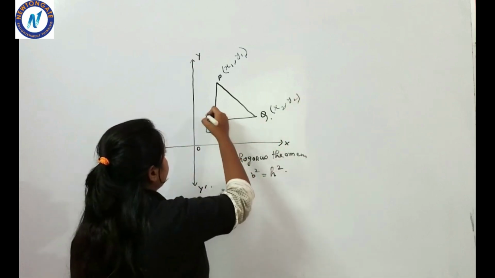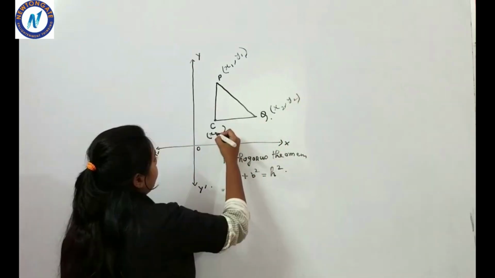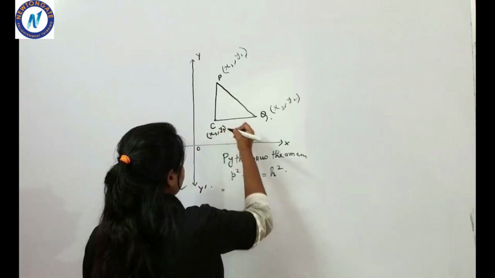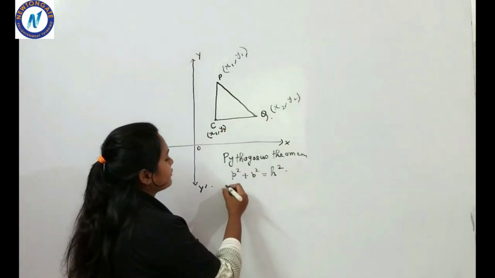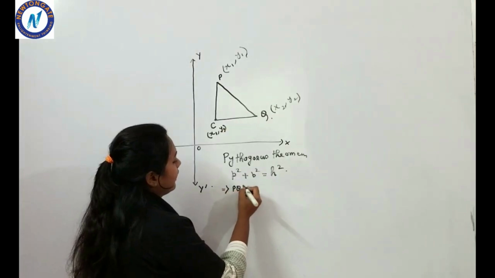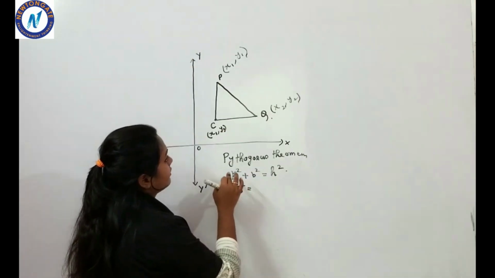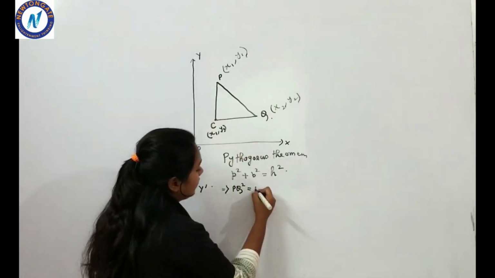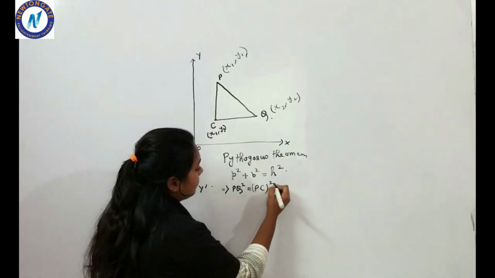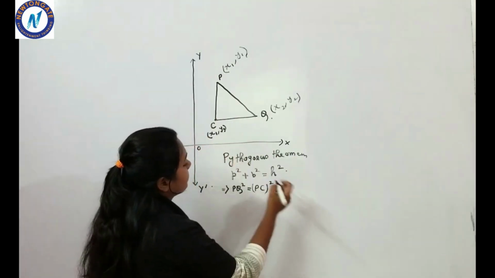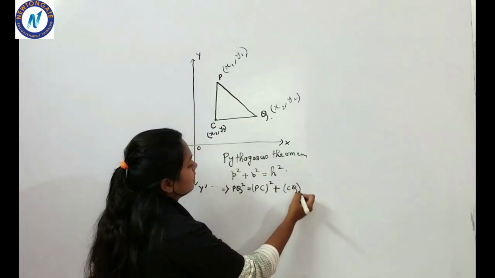The coordinate of this point is denoted by C, x1, y2. Hypotenuse square means PQ square equals perpendicular square, PC square, plus base square, CQ square.